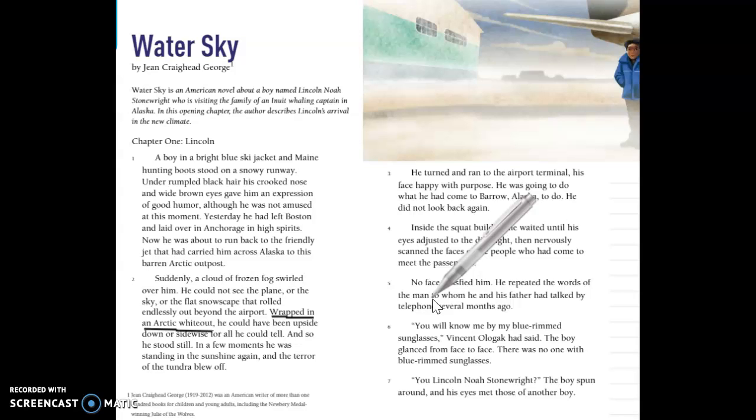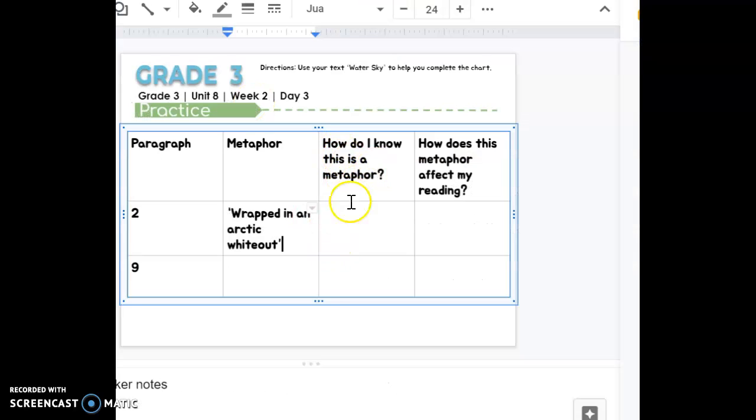So I'm going to go ahead and make a note of that in the chart that we're using today. How do I know this is a metaphor? It's impossible to be wrapped in snow. Maybe you get some snow on your shoulders, but it definitely doesn't wrap you up.